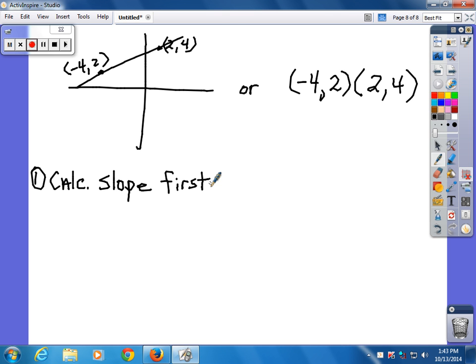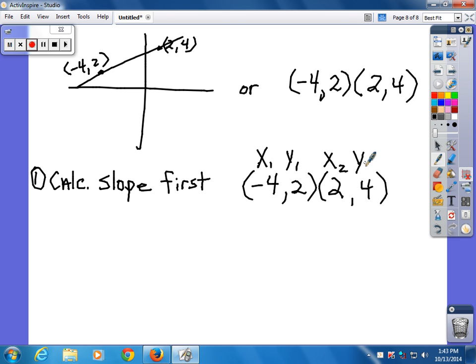So I'm going to go over here and I'm going to say negative 4, 2, and 2, comma 4. And this is x sub 1, y sub 1, this is x sub 2, y sub 2.